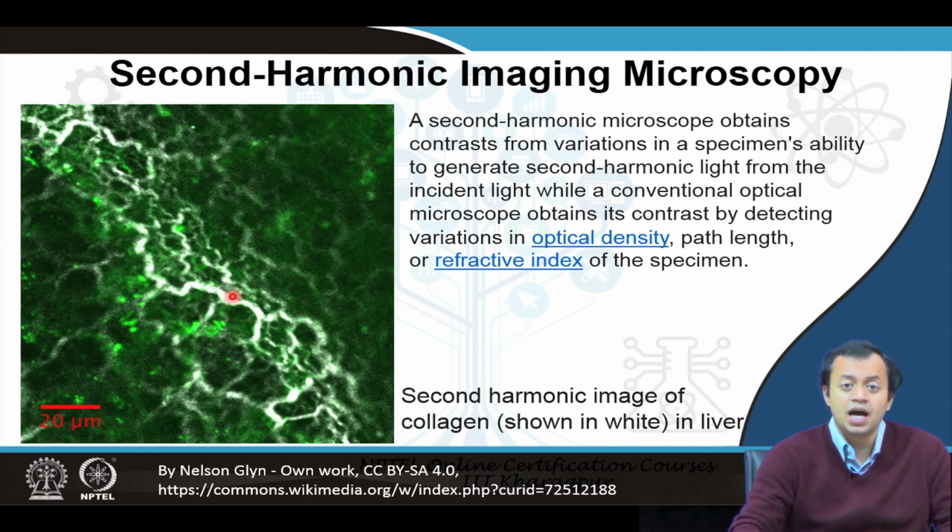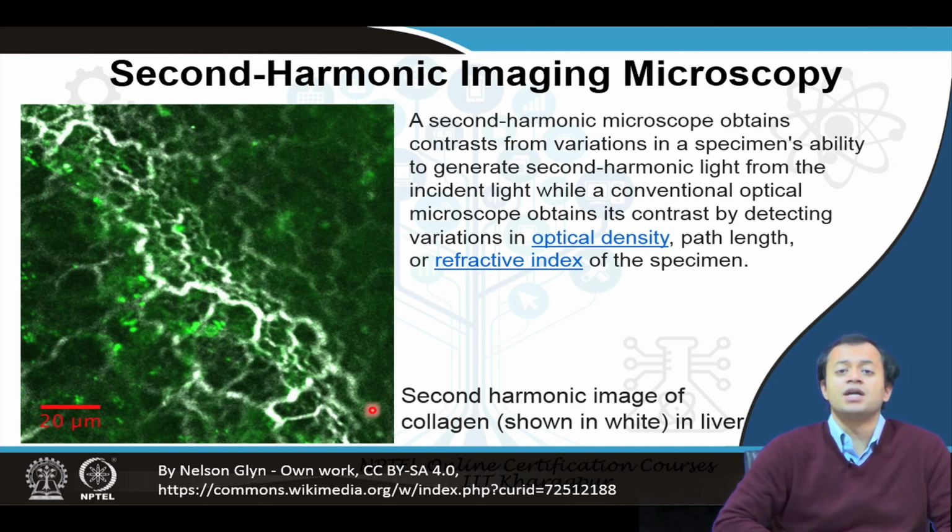You know this area is collagen because collagen is the only nonlinear material there, and this is the distribution of the collagen, and from the distribution of the collagen you are diagnosing whether the distribution is right or wrong, whether there has been some kind of a problem with the distribution, etc.